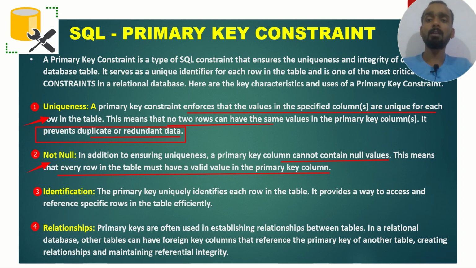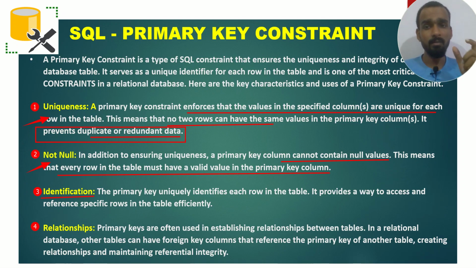Now we are diving into the third characteristic, which is identification. Identification means, let's say, whenever we are performing any update, insert, delete statement, or any join, union and this kind of thing in our query, we always try to find a unique column. Let's say in an employee table we have employee ID, in department we have department ID, or in my scenario of insurance premium, we have batch ID and proposal ID.